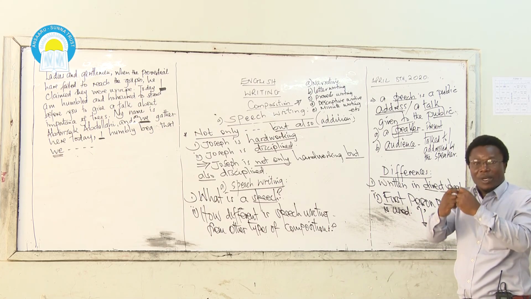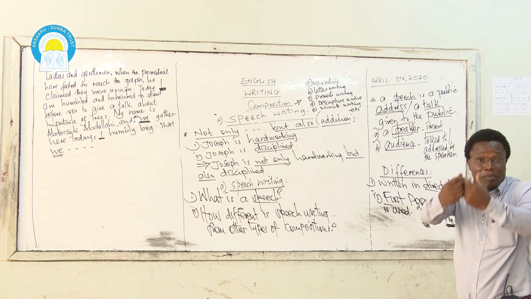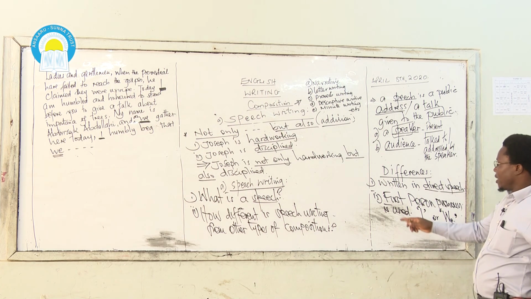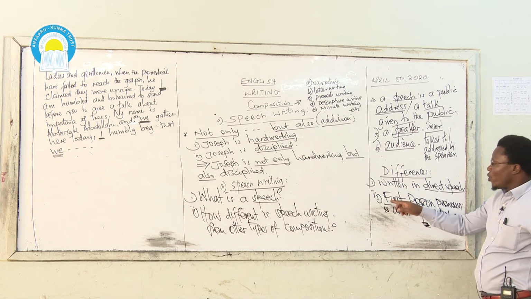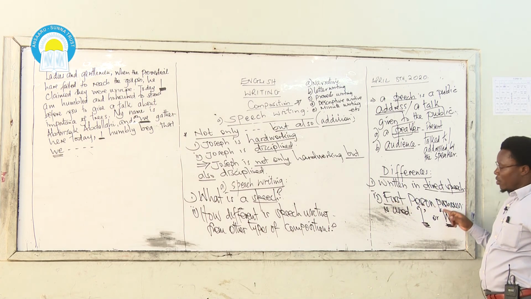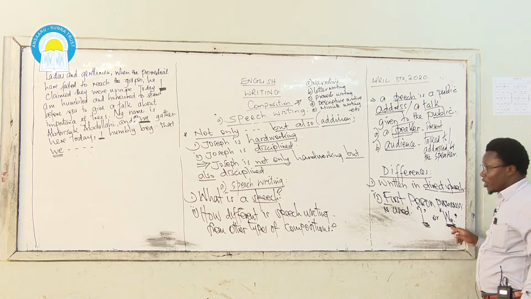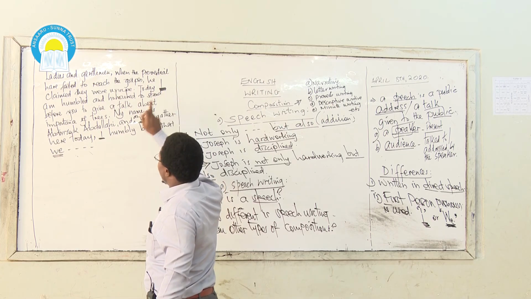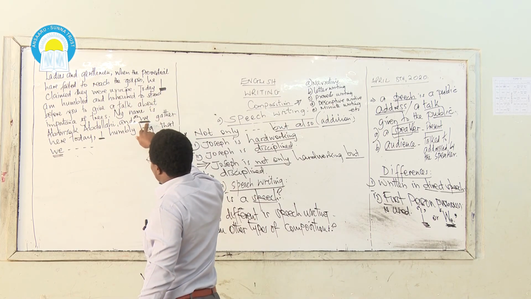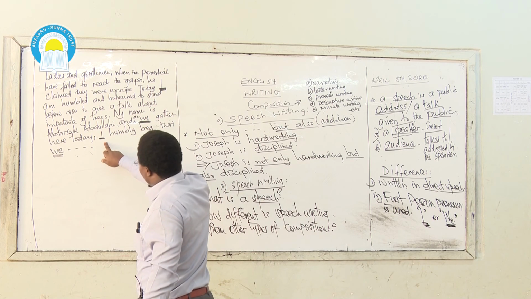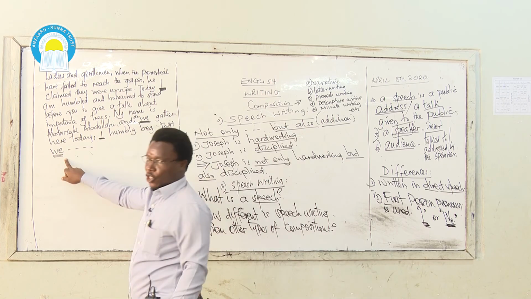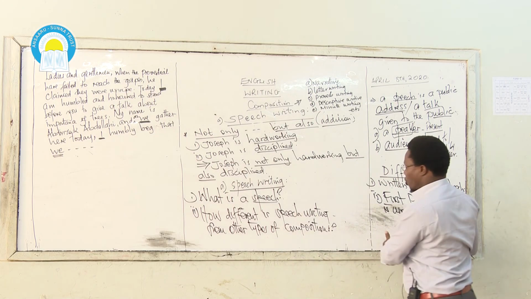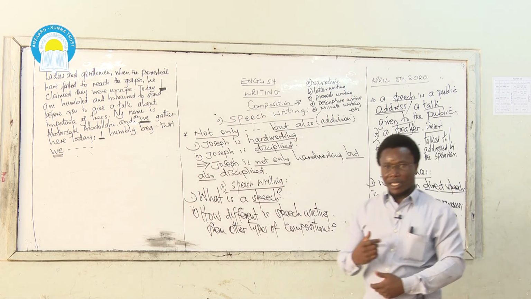Writing the speech that was presented by another person, not you as the writer. Secondly, speech writing composition, we use first person pronoun, which can be I, which can be we. The way I've used mine here, in this position, I've also used another one in that position, and another one in that position, also another one in that position. 4 positions. So may we have the remaining 2 in the subsequent session.